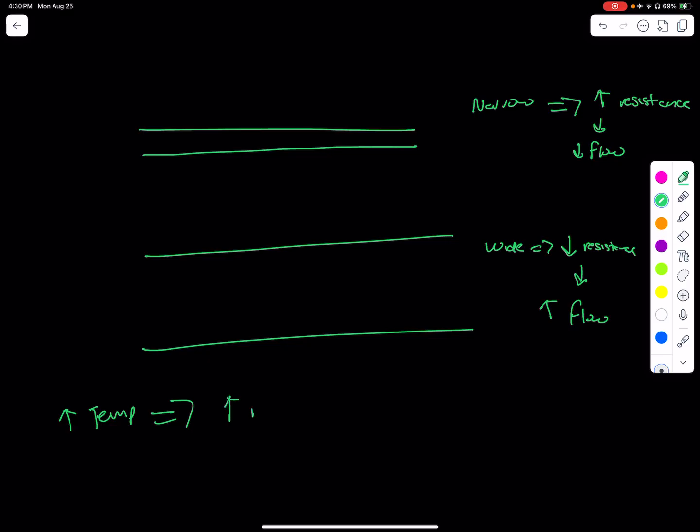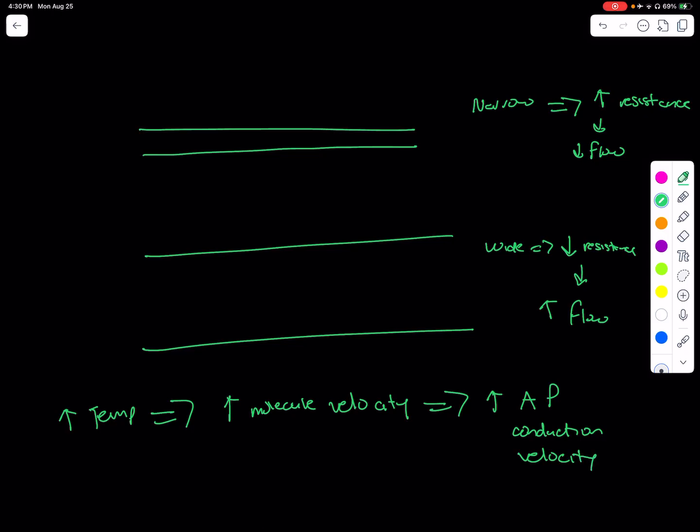So high molecule velocity or speed. That leads to increased action potential conduction velocity. Okay. And then hopefully you can see that the reverse would be true. Lower temperature, lower velocity of molecules, so the action potential can't travel as quickly. And so with that, there we go, action potential conduction.